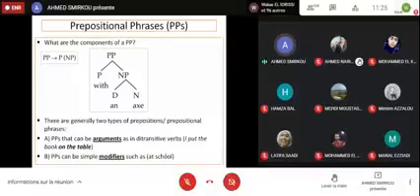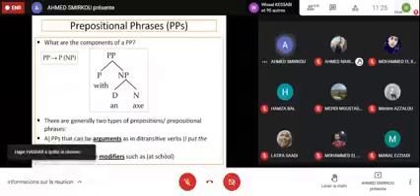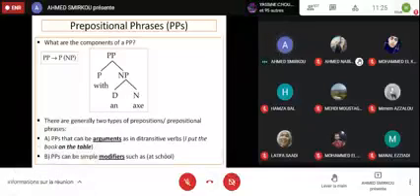In I met him at school, the verb meet requires two arguments, I and him, so we don't need at school. But the verb put requires three arguments: the subject I, the first complement the book, and the second complement on the table.